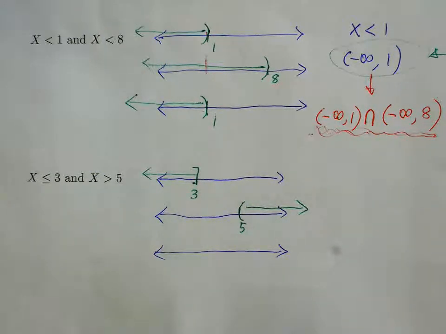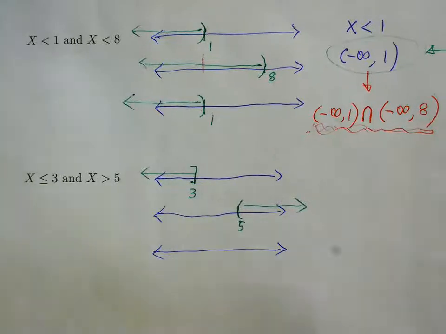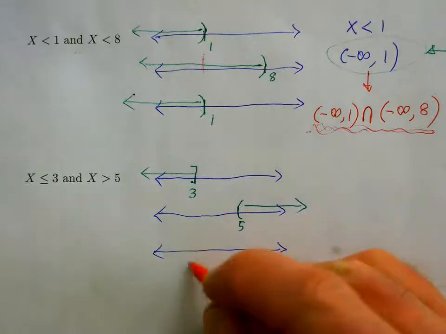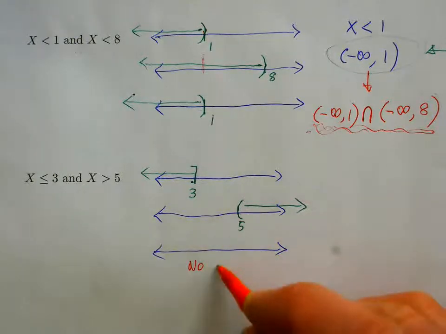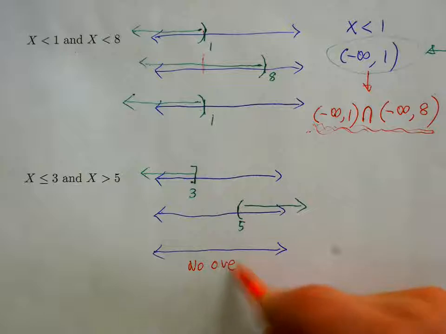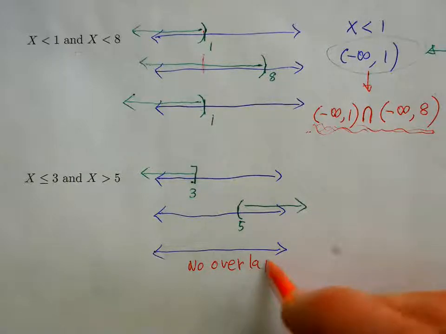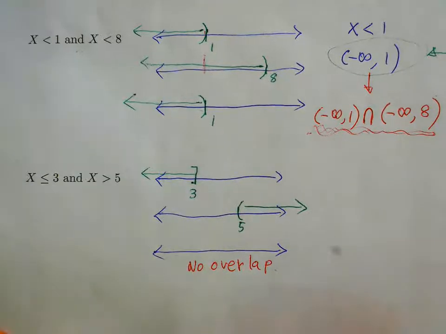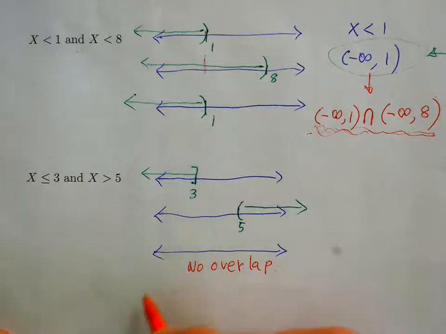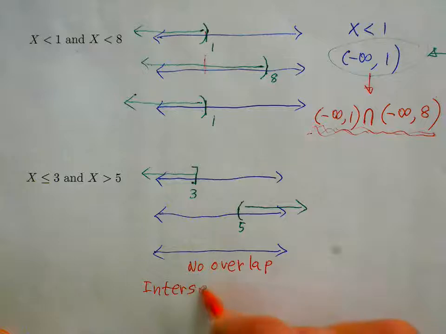And what part overlaps? Yeah, there's no overlap. They don't overlap anywhere, no overlap, or no intersection. Or more formally, we say the intersection is empty.